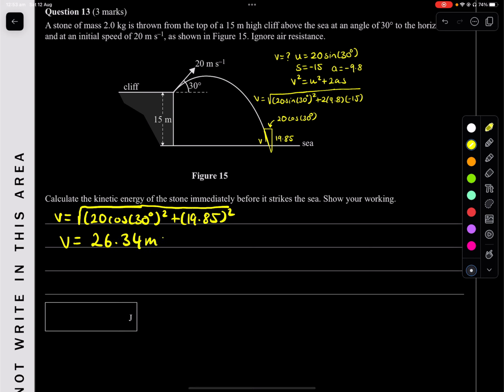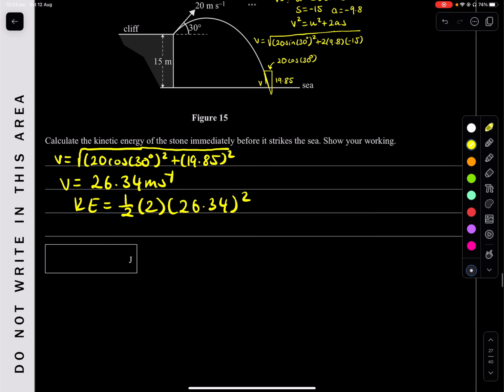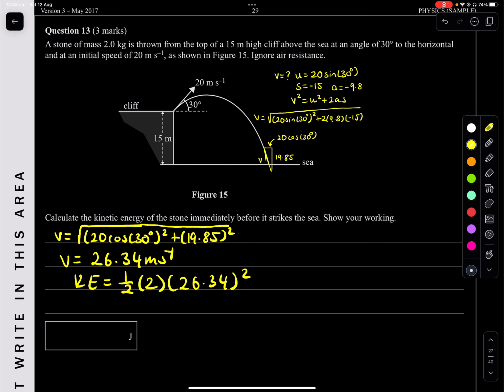Which is 26.34 meters per second. Now your kinetic energy is half your mass, which is 20, times velocity squared, so 26.34 squared, which gives 694.